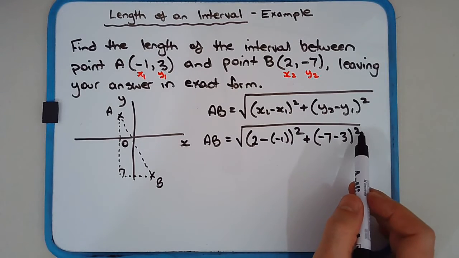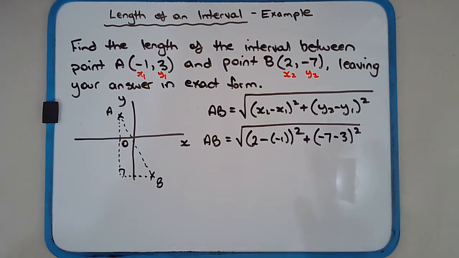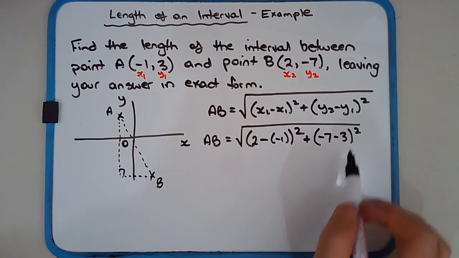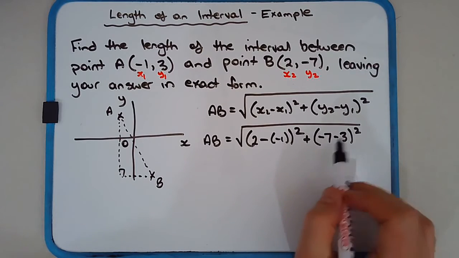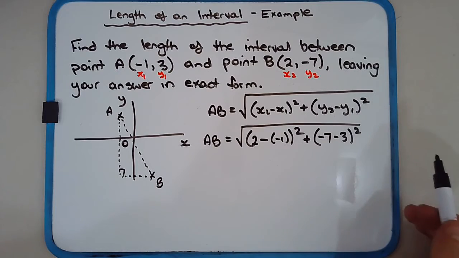Now, when you square something, it's going to turn it into a positive number, unless it's 0 squared, but discounting 0, -7 minus 3 is -10. -10 all squared is going to be 100, isn't it?